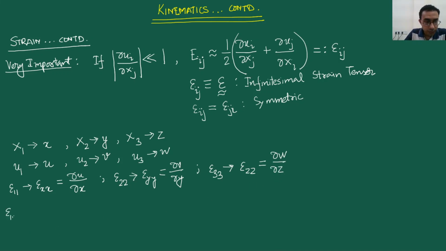Furthermore, we have for epsilon 1 2, that is epsilon xy, and you understand that epsilon 1 2 is equal to epsilon 2 1, so epsilon xy is equal to epsilon yx, and that is equal to, now here we need the half because they don't add up like before when we had the expression for epsilon xx.